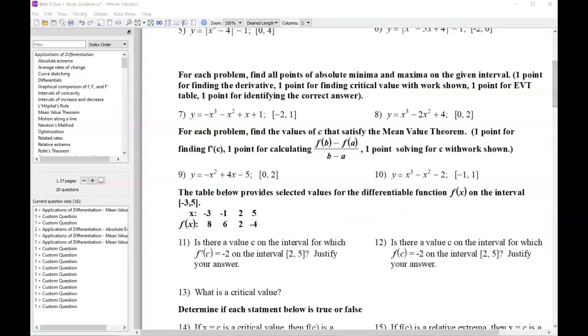So there's a process that we're going to go through, but I'll tell you how you're graded here. 1 point for finding the derivative, 1 point for finding the critical values with work shown, 1 point for actually doing the EVT table, and 1 point for identifying the correct answer. So these ones are worth a lot of points. You want to make sure that you show all your work, including those 4 things in particular. Okay? All right, so let's go ahead and get down to business.